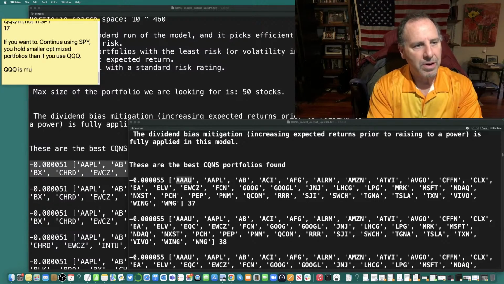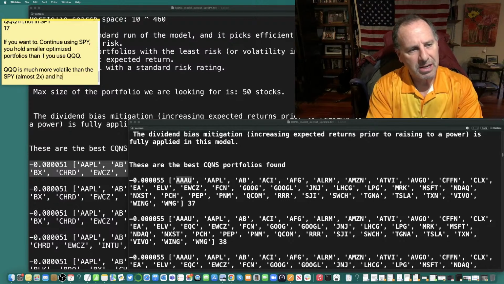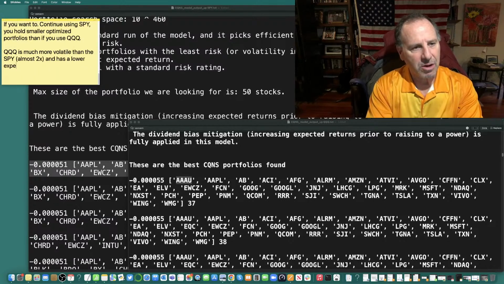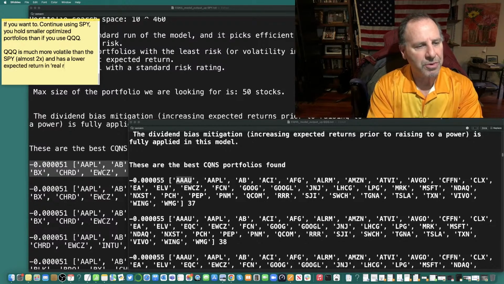QQQ is much more volatile than the SPY, almost 2x, and has a lower expected return in what I'll call real life applications.